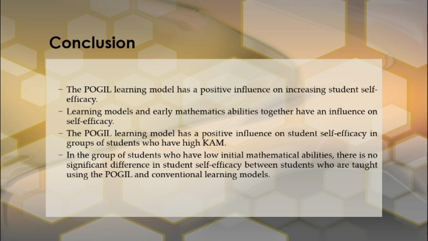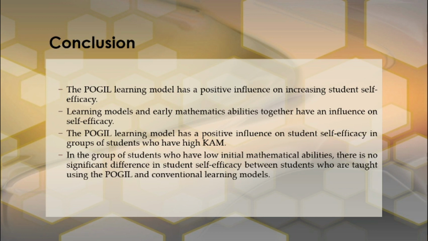And conclusion. Conclusion 1, the POGIL learning model has a positive influence on increasing student self-efficacy. Conclusion 2, the learning model and early mathematical ability together have an influence on self-efficacy.